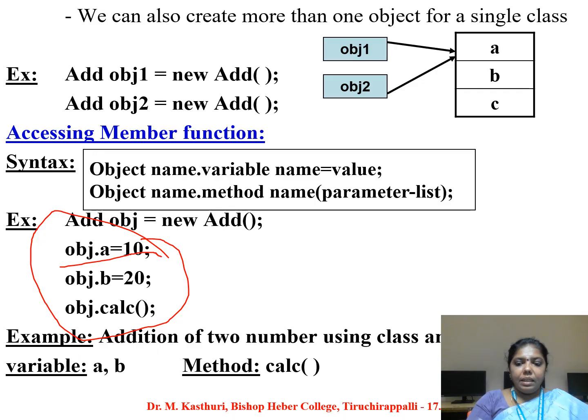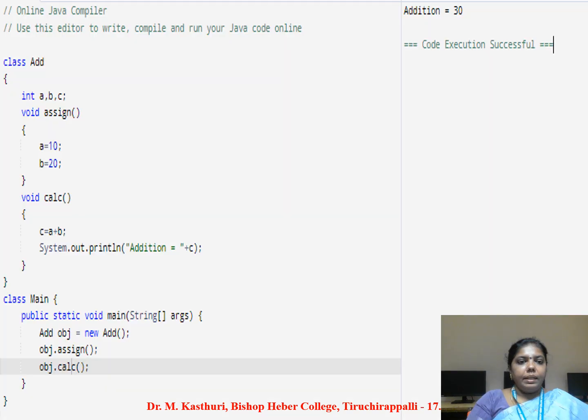In the main class, if you want to access variables and methods in an external class, with the help of an object only we can access that external class. Now we discuss the example program. In this piece of coding, we have two different classes.